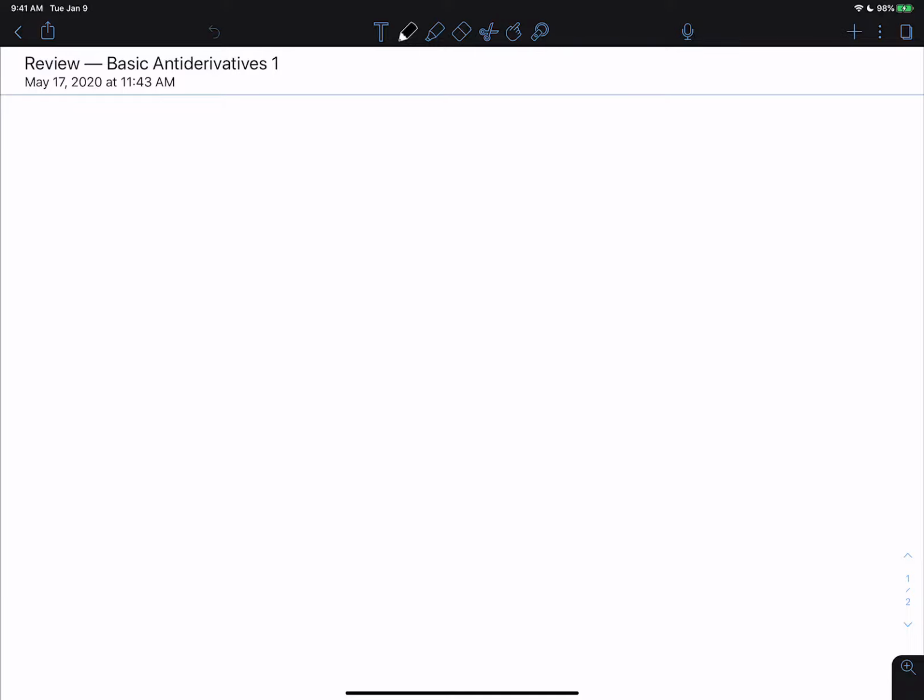So the first thing I want to talk about is a quick review of the difference between these two symbols. If I'm looking at the integral of x squared dx versus the integral from 0 to 2 of x squared dx, both of those symbols look about the same.